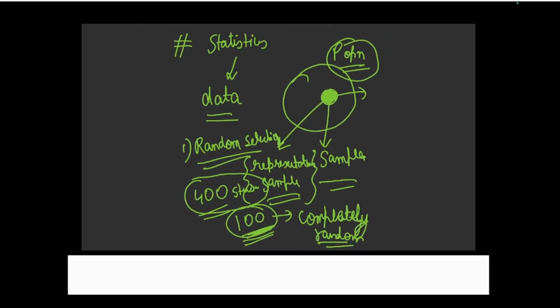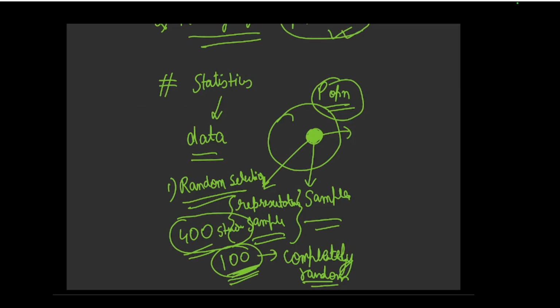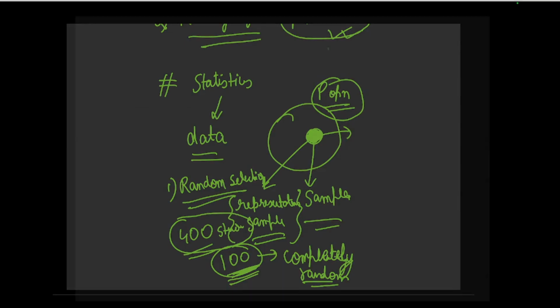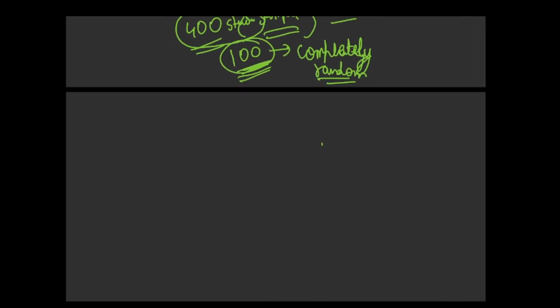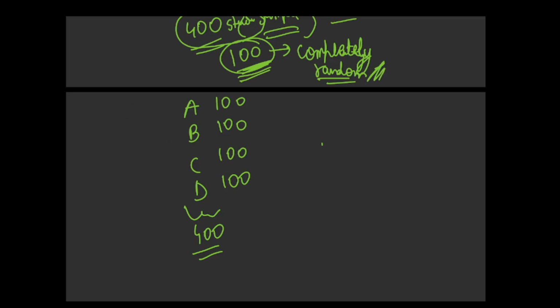And why am I telling you so? Because if we don't take it completely random, then it may be the case that, for example, there are four sections A, B, C, D, and all of these constitute the population of 400, and each section has 100 students. Now, if we do not take it randomly, and I take all the students from section C, it may be that section C students don't come to school and don't have any classes.